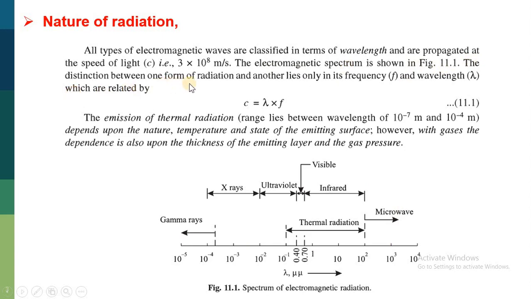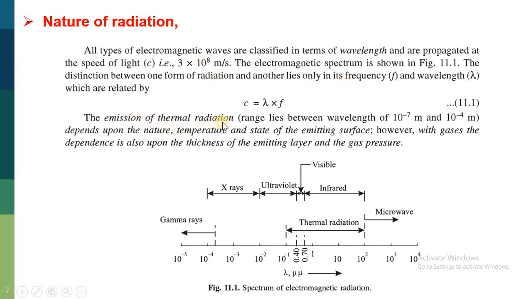The distinction between one form of radiation and another lies only in its frequency and wavelength, related by the formula c equals lambda f, where lambda is the wavelength and f is the frequency of the radiation.